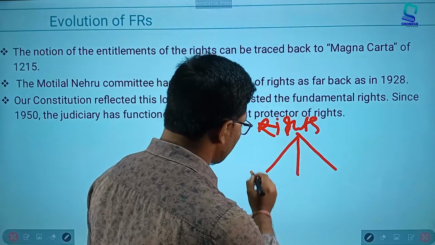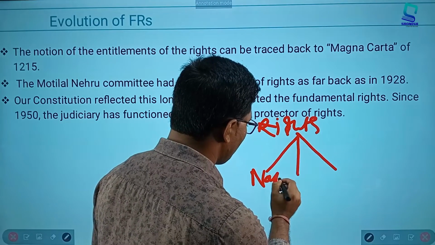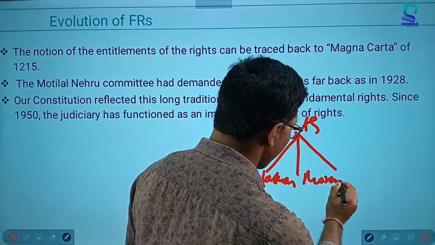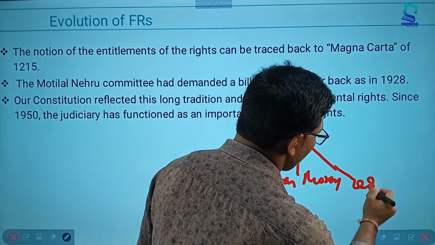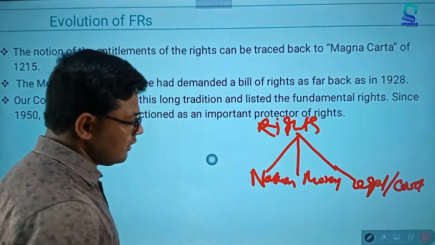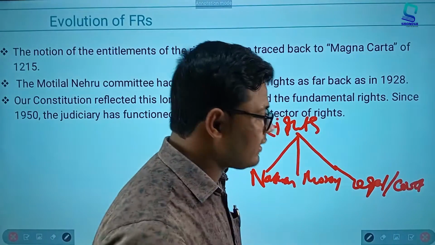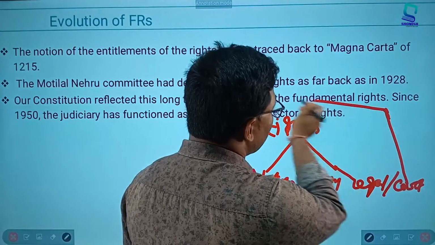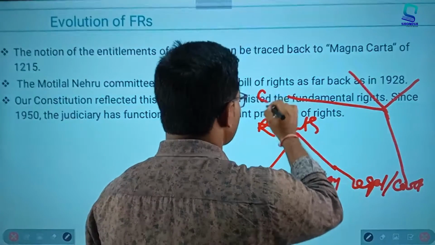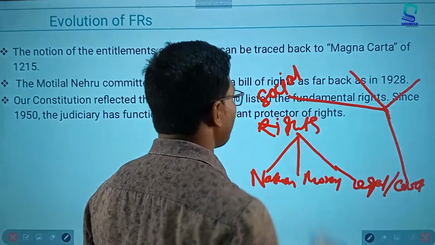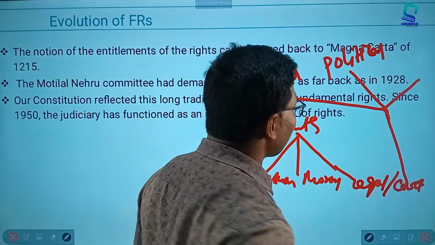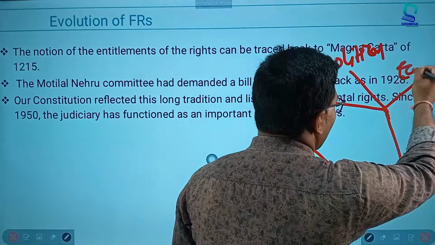One is natural rights, one is moral rights, and another is legal or constitutional rights. Now this constitutional right is again divided into 3 different forms: one is social rights, another is political rights, and another is economic rights.